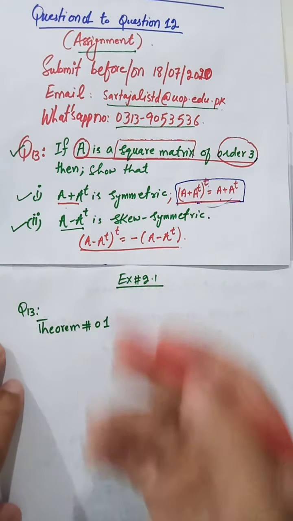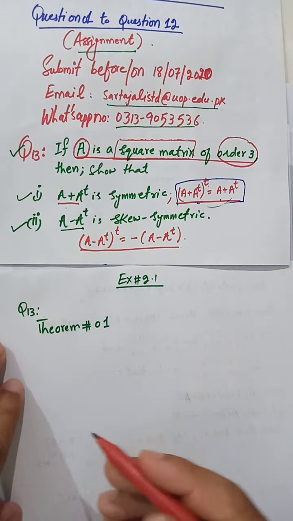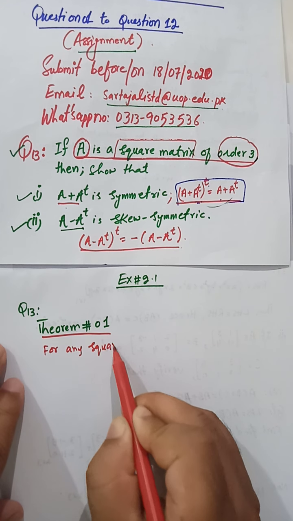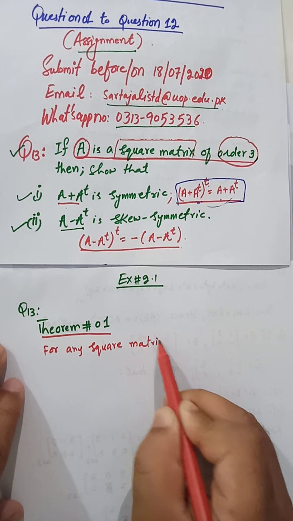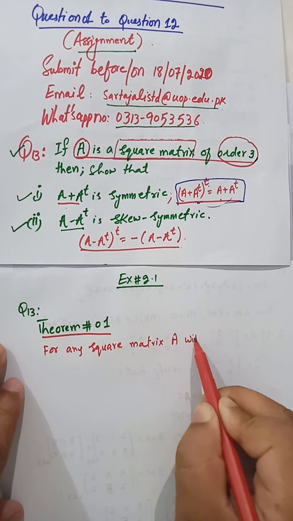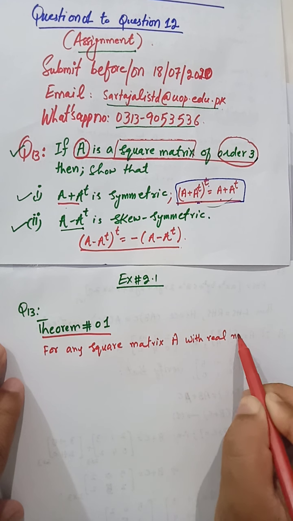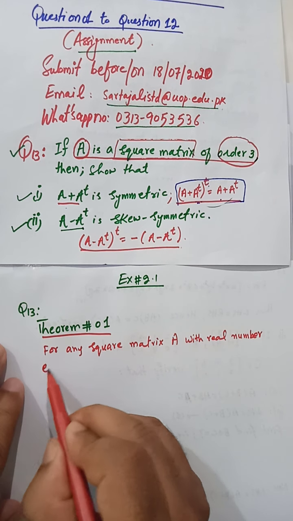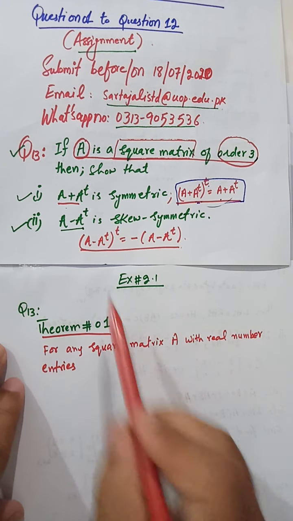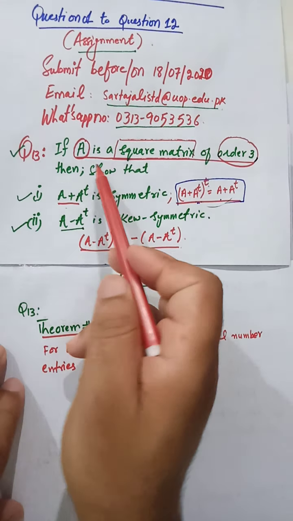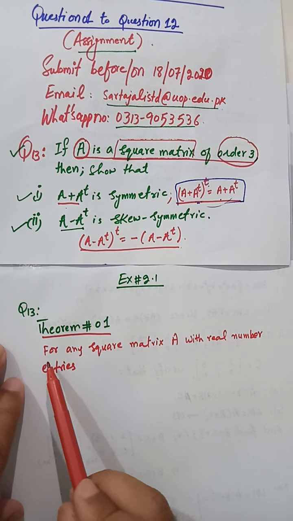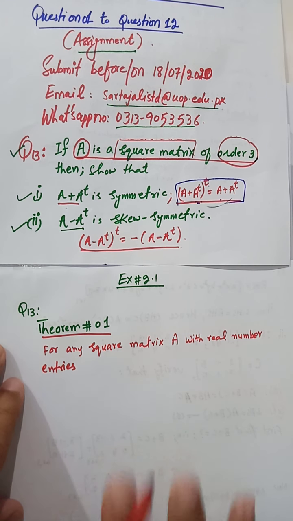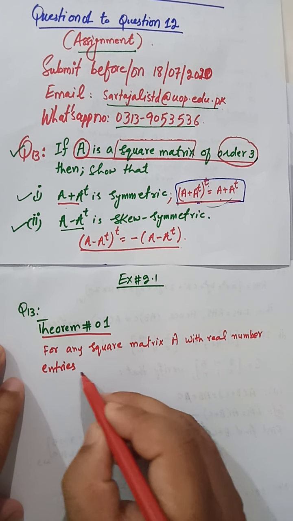The statement of this question can also be written as: for any square matrix A with real number entries. This is the same as saying if A is a square matrix of order 3, just in a little more explained form.